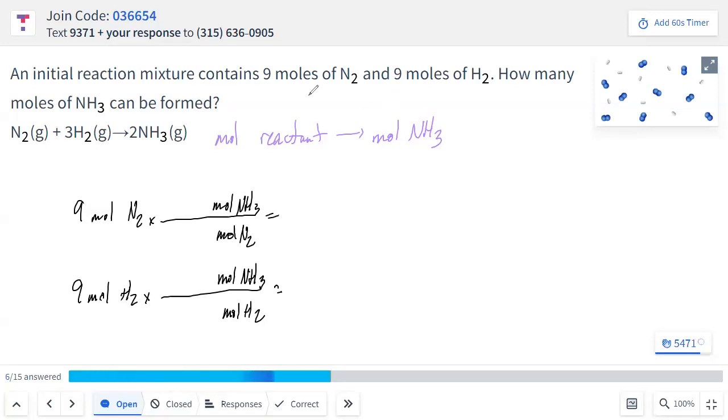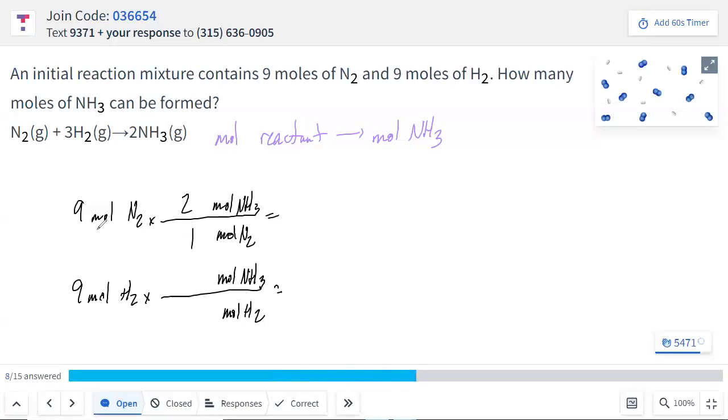For the nitrogen, we're starting with 9 moles. The conversion here, 2 ammonia for every 1 nitrogen. So 9 times 2 would give me 18 moles of ammonia. For the hydrogen, 2 ammonia for every 3 hydrogen. So my moles of hydrogen cancel. 18 divided by 3 would give me 6 moles of ammonia.